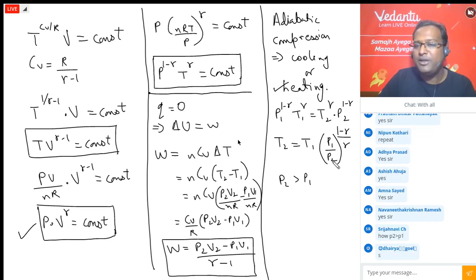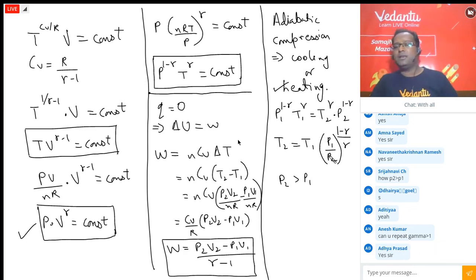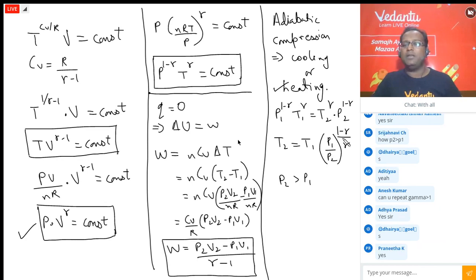P1 by P2 is a fraction because P2 is greater than P1; I was compressing. So P1 by P2 is a fraction. A fraction to the power of a negative number will give you overall a quantity greater than 1.